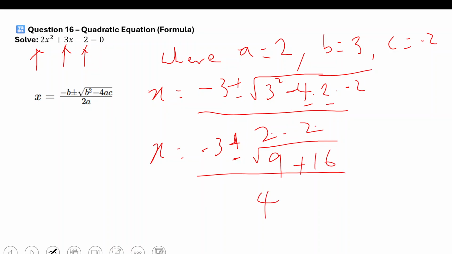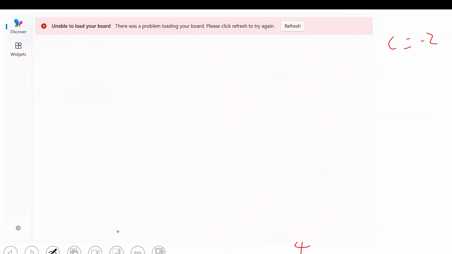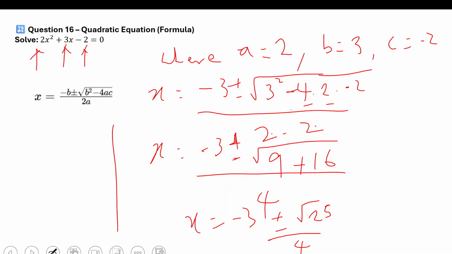So I have x is equal to minus 3 plus or minus the square root of 9 plus 16, which is root 25, all over 4. Okay, so I'll continue here. I have x is equal to minus 3 plus or minus the square root of 25, which is 5, all over 4.